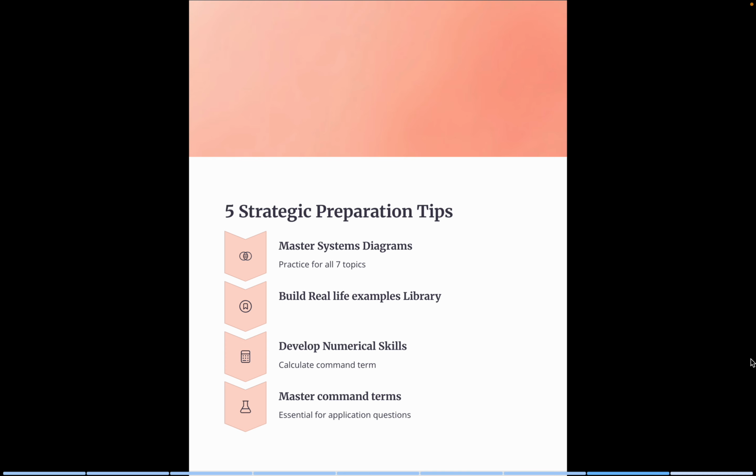One more thing is that it's always good to build a real life examples library, because real life examples are very important. You can use them in paper 2 section B, 9 markers. There you can provide examples. If you are maintaining that library, that will be helpful, and you can write easily. Another thing is you have to develop simple numerical skills.